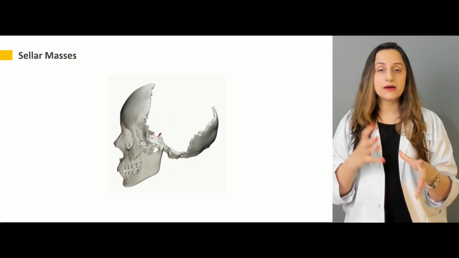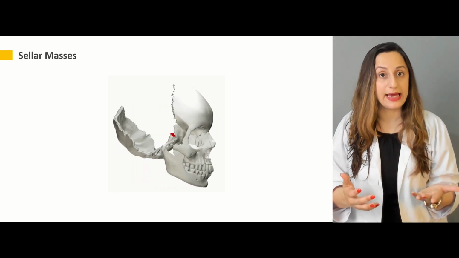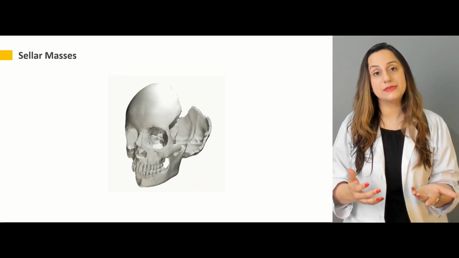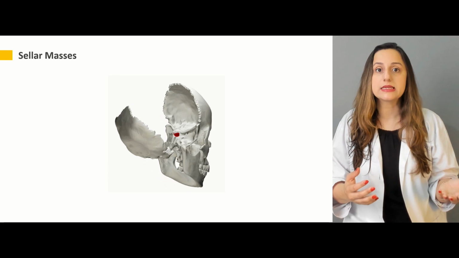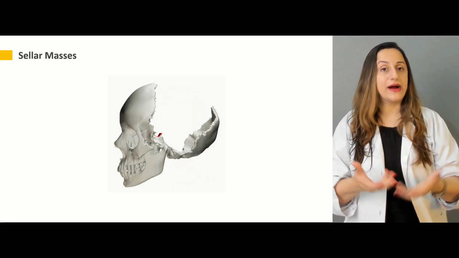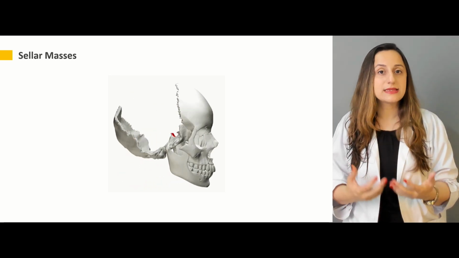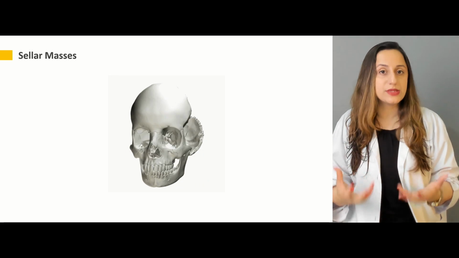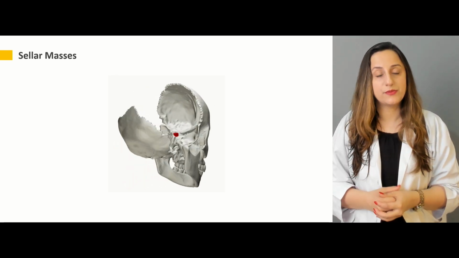So the posterior pituitary is under the control of the hypothalamus, and the hypothalamus in turn is under the control of the arcuate nucleus, which responds to environmental stresses as well as the circadian rhythm, that is the clock that is set in our brain.